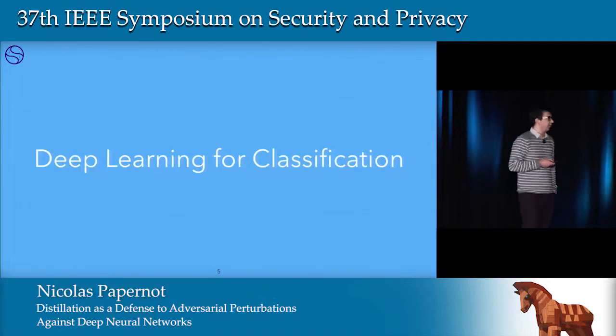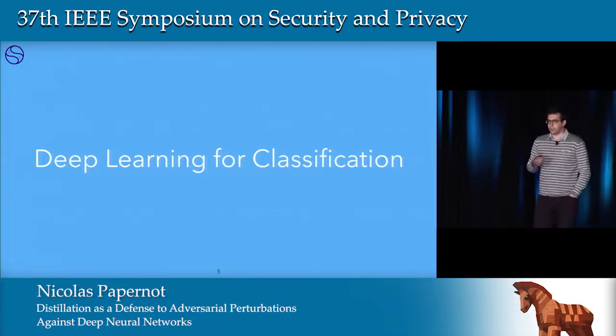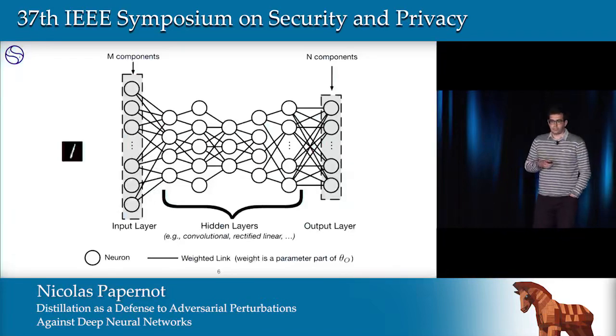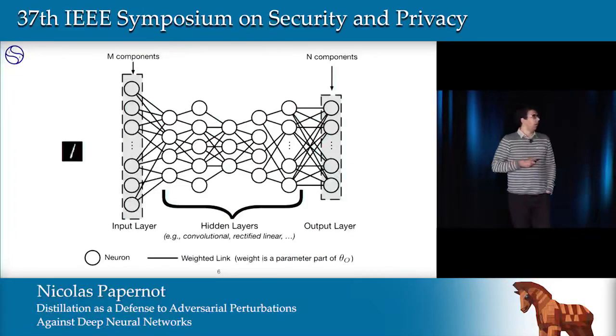So before I get started, let me introduce briefly some basics about neural networks so I can lay out the rest of the presentation. So this is an example of a neural network which is solving a classification task, that is, you are trying to map an input domain into a predefined finite set of classes.